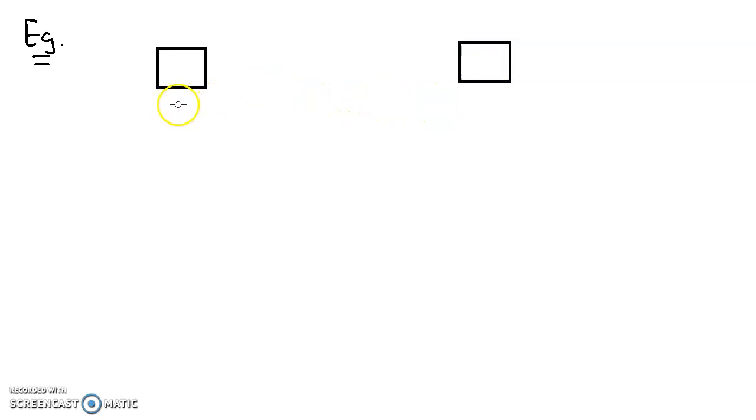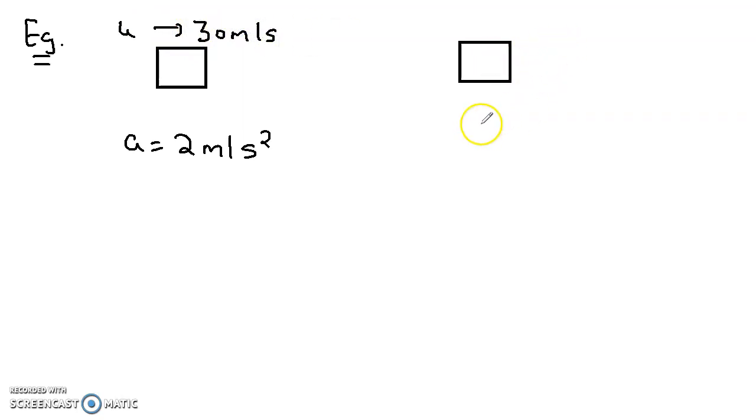The acceleration of this one is 2 meter per second square, and it is moving with a velocity of 30 meter per second. For this other one, the acceleration is 4 meter per second square, and it is moving with a velocity of, okay, 30 is not right, I must say 10 meter per second.